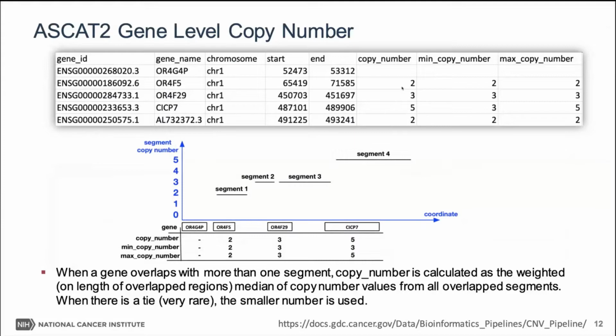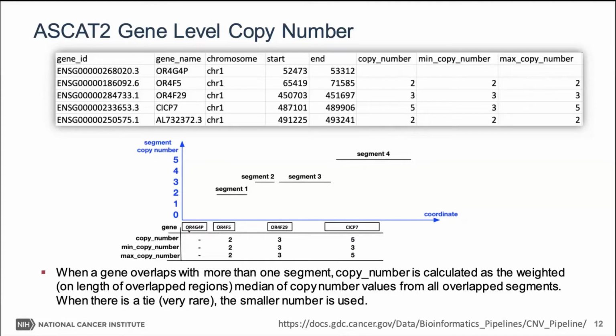I will describe them in this diagram, but basically, if a gene overlaps with multiple copy number segments, the smallest value of those segments is written here as the minimum copy number. The max value of those segments is written here as the maximum copy number. In most cases they are the same, but sometimes, as in this example, you can see the max is much larger than the minimum. How the copy number gets inherited from the segments, you can see in this diagram.